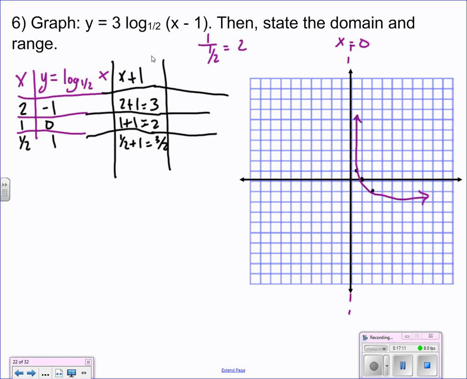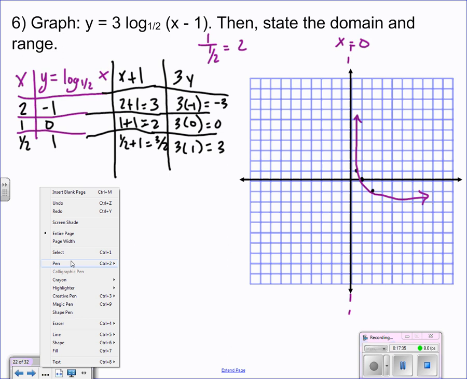And then I'm now going to find our new y values. Our y values say take 3 times each y, because this 3 out in front means to multiply. So that's 3 times negative 1, which is negative 3. 3 times 0, which is still 0. And 3 times 1, which is 3.